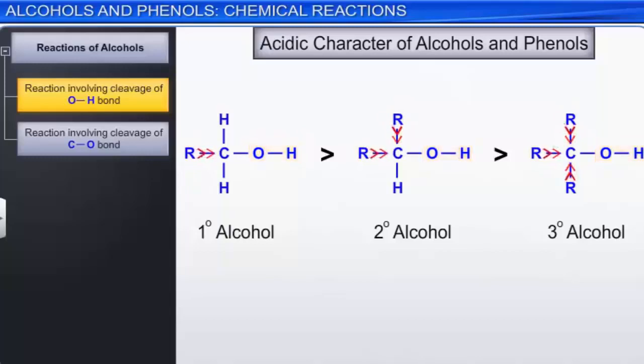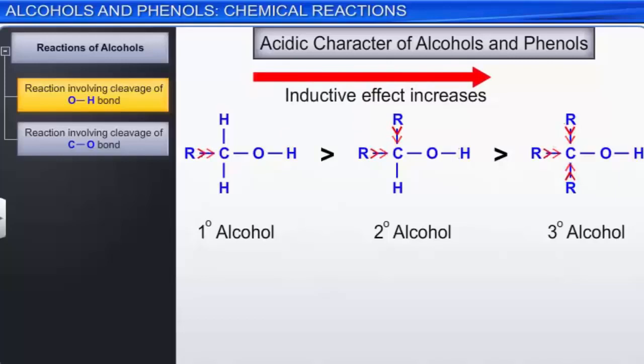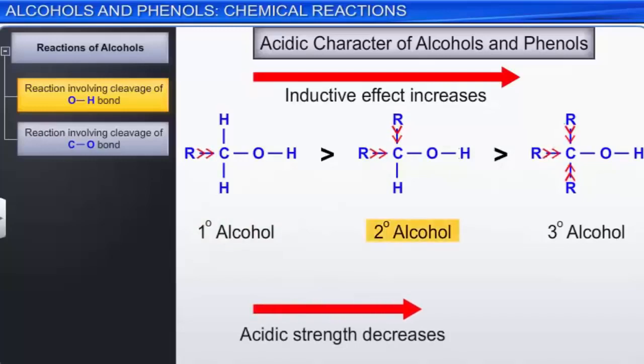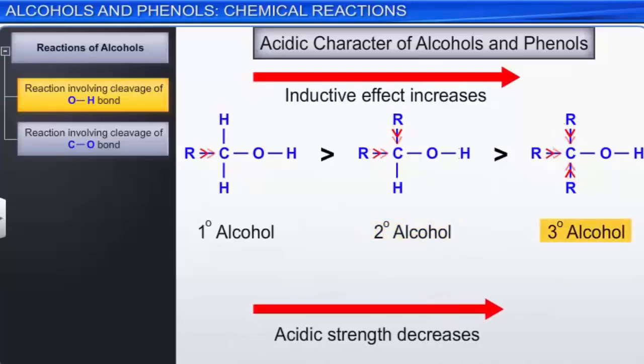It then becomes difficult to remove an H+ ion from the alcohol. The inductive effect explains the relative acidities of alcohols. Methyl and primary alcohols, which have the lowest degree of the inductive effect, are slightly more acidic than secondary alcohols. Secondary alcohols are slightly more acidic than tertiary alcohols, which have a strong inductive effect.